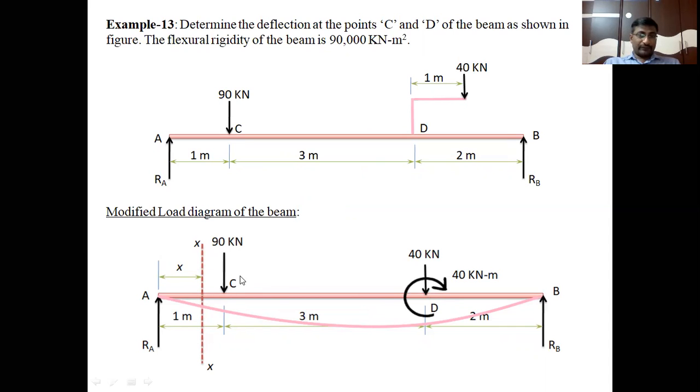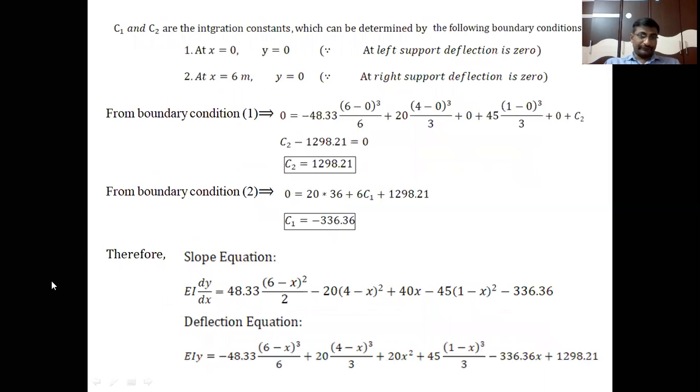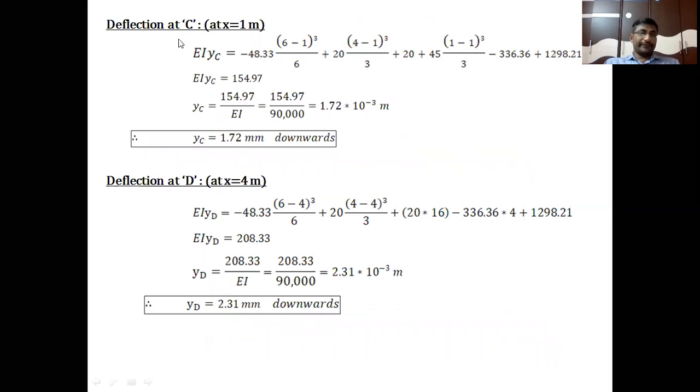First time x is equal to 1 meter, second time x is equal to 4 meters, then we will get the deflection values. So deflection at point C means at x is equal to 1 meter. Substitute this 1 meter in the deflection equation. The deflection equation is EI YC. I am writing in place of y simply YC, because we are substituting x equal to 1 meter, then y becomes YC.